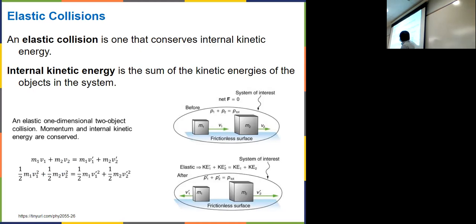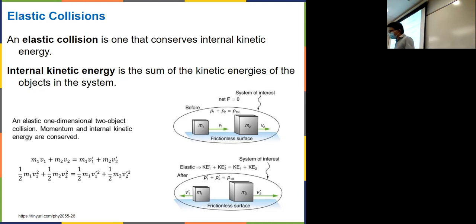Momentum of one plus momentum of two is the total momentum, and before should equal after. So P1 plus P2 should equal P1 prime plus P2 prime.